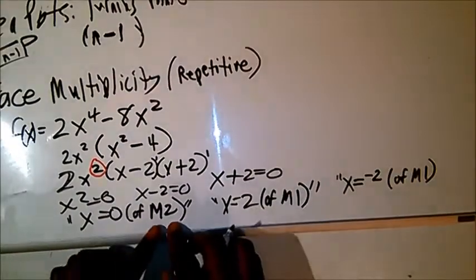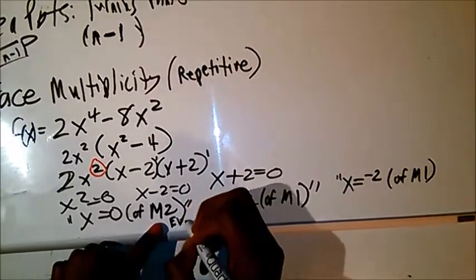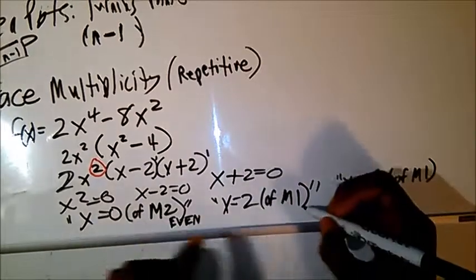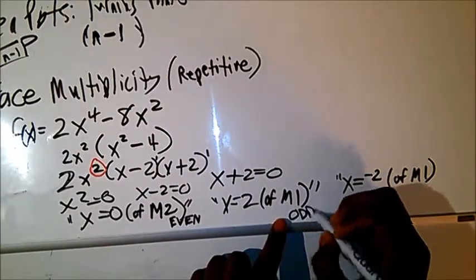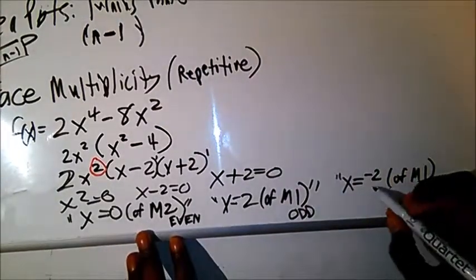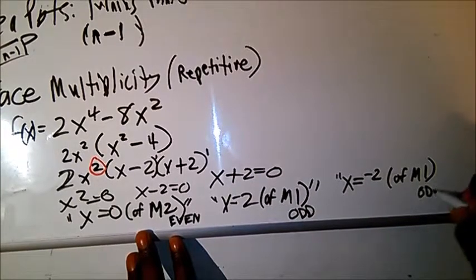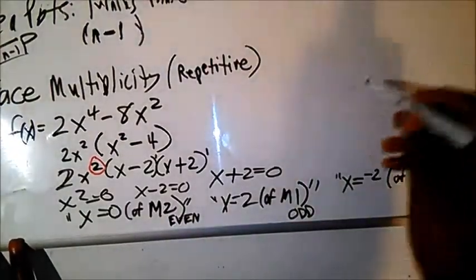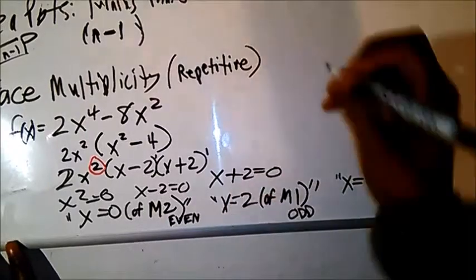Now the multiplicity here, is it even or odd? It's even. This multiplicity 2 is even. What about this multiplicity? Multiplicity 1 is odd, right? This one, x equals negative 2 of multiplicity 1, is odd. Now, when I do my x-intercepts, whenever the multiplicity is even, evens are happy faces.